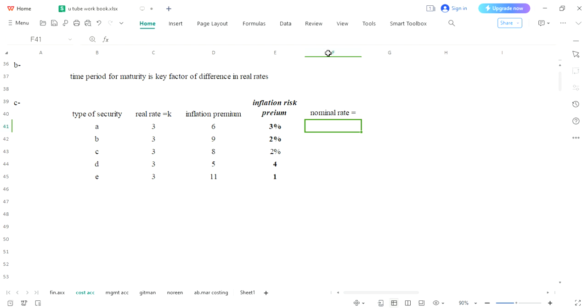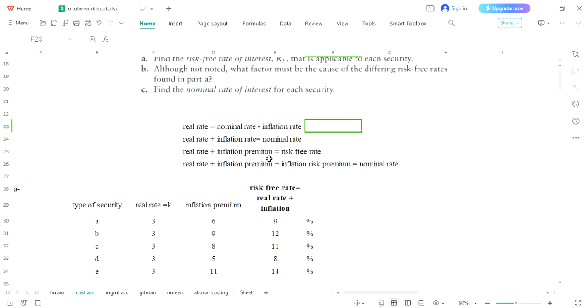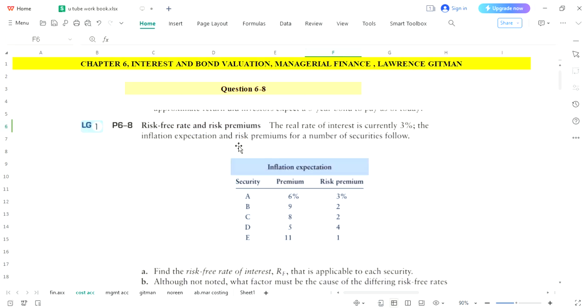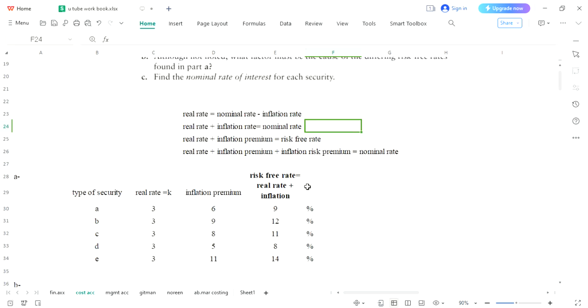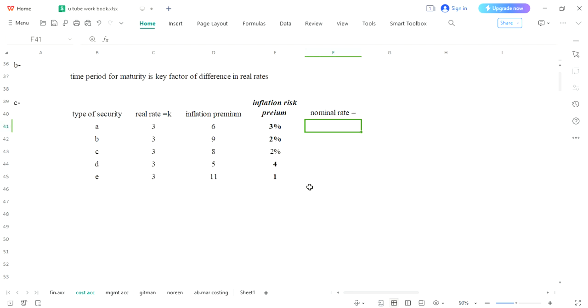Usually we have a general formula. You want to take your nominal rate, you will have to add real rate with all inflationary aspects. In our question, there are two types of inflationary expectations. So to calculate your nominal rate, you will add these both inflation premiums.